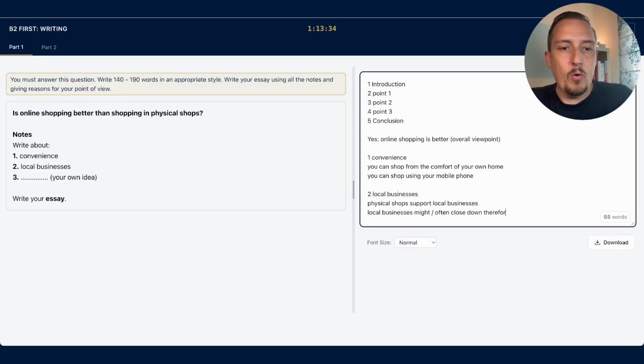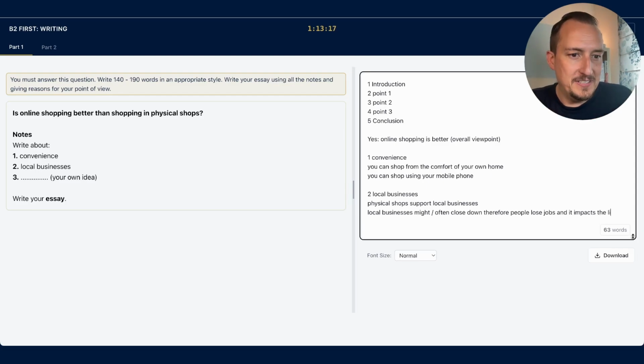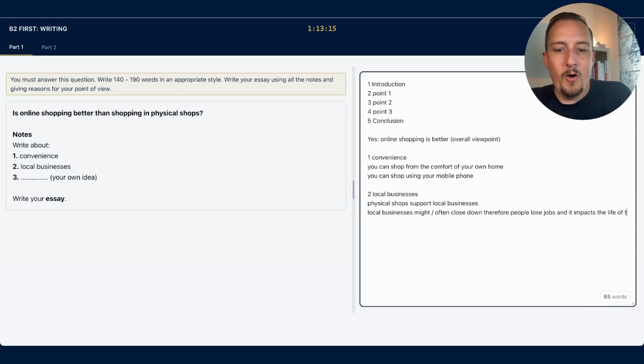And therefore, what's the impact of that? What's the negative impact of that? Well, people lose jobs. And it impacts the life, or how can we say that better, we want a better expression than the life, but this is the idea, the life of the town or city centre.